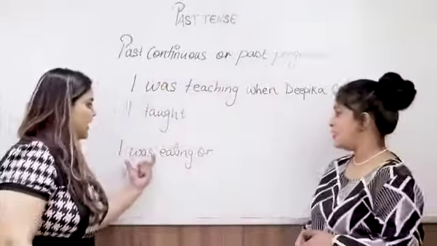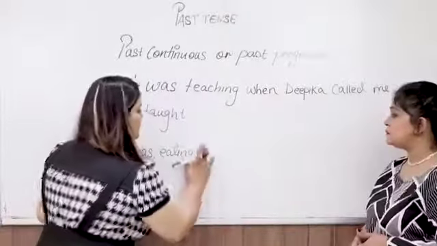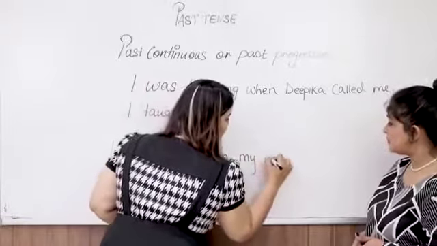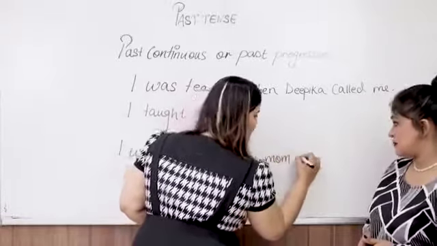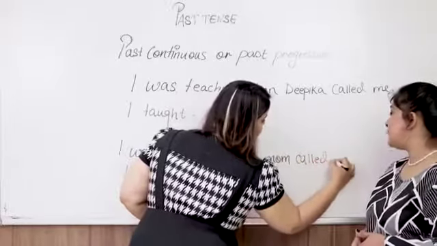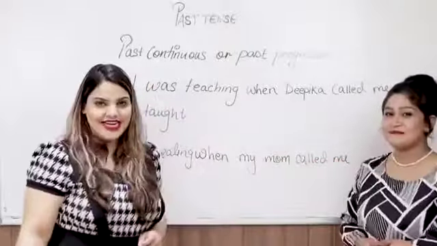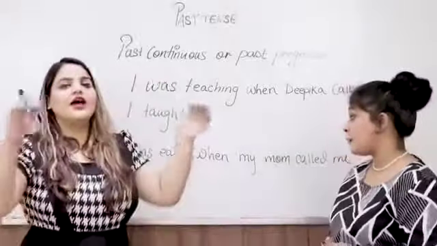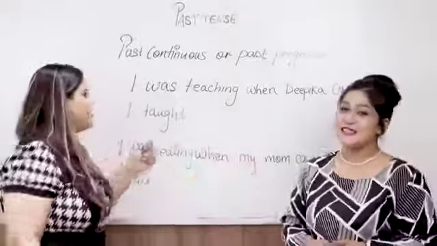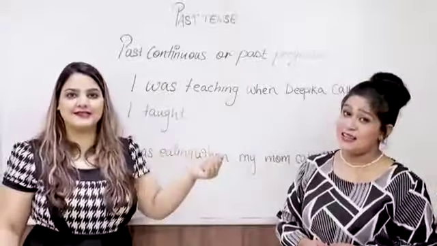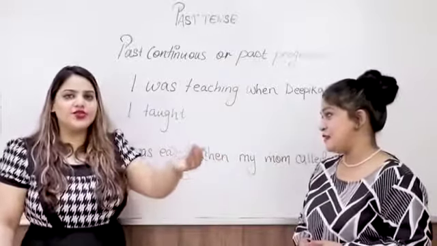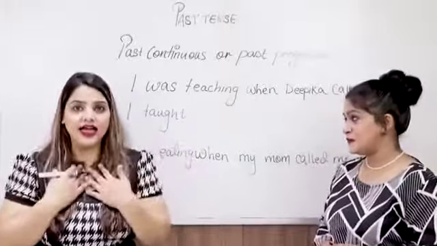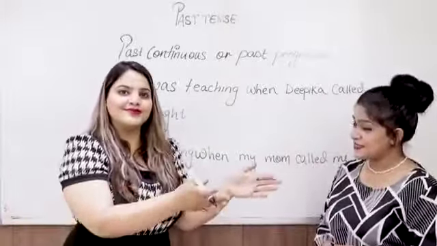Similarly, I was eating when my mother called me. And when there is no interruption, we can relax, keep calm and use simple past tense. Like, I was going to school when I saw him. If there was no interruption, I went to school.